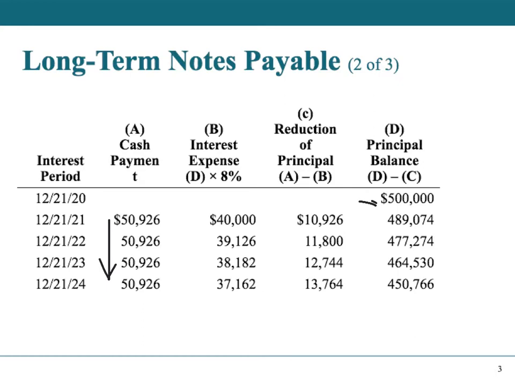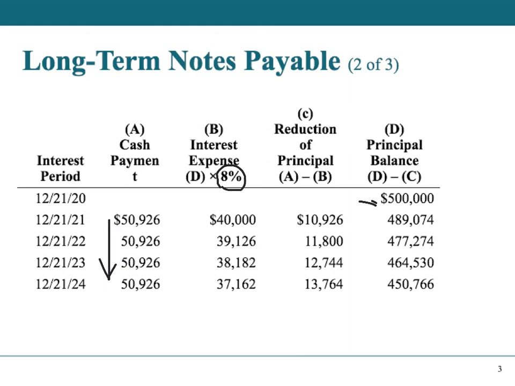To calculate the interest expense, we will apply the same formula you learned in chapter 3. You take the outstanding principal amount multiplied by the interest rate, 8% in this case, per period. In this case, it's per year, and then you multiply by the time period, which in this case is 1.